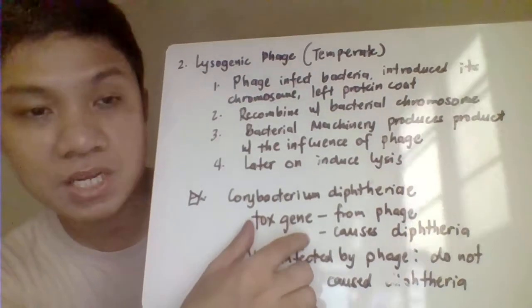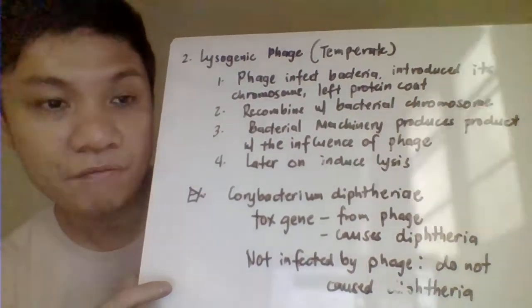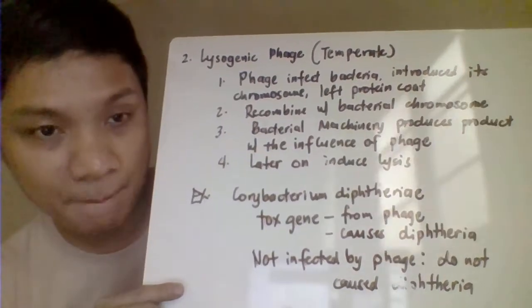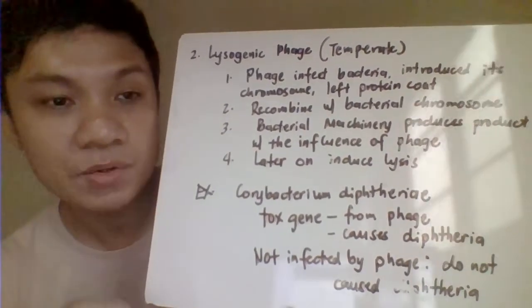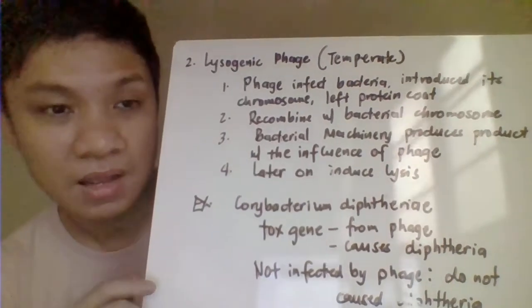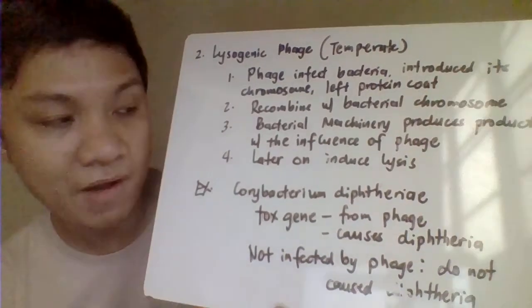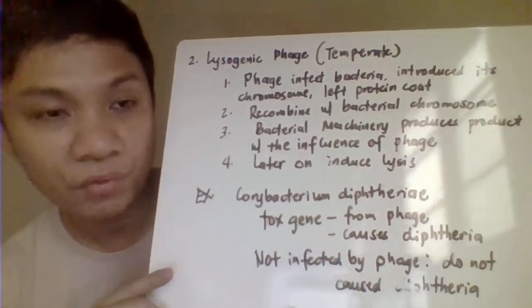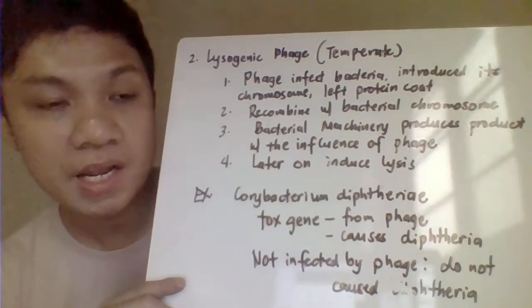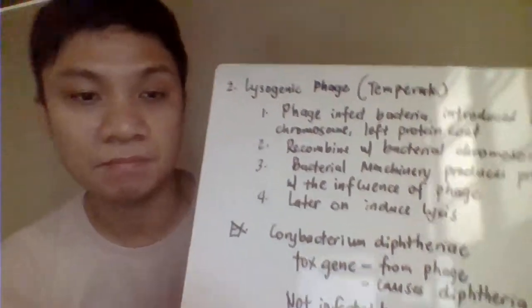This tox gene from the phage is eventually responsible for producing diphtheria. So not all Corynebacterium diphtheriae would eventually cause diphtheria. Only those which have been infected by the phage are the ones causing diphtheria. Those which have not been infected by the phage are not causing diphtheria.